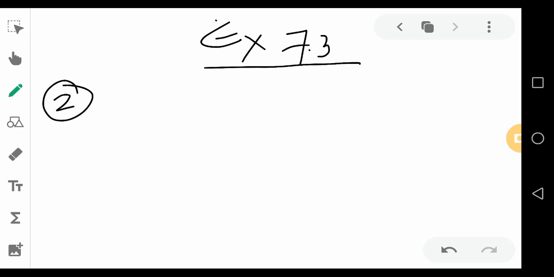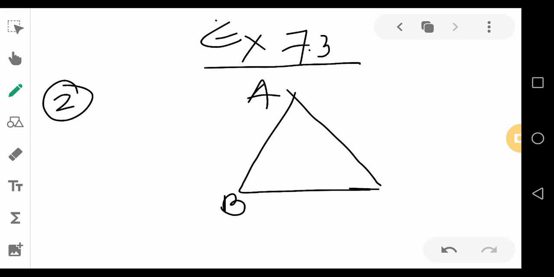So that AD bisects BC and AD bisects angle A. So let this be an isosceles triangle ABC where AB equal to AC, this is given. And also AD is the altitude. That means these two angles are right angles.